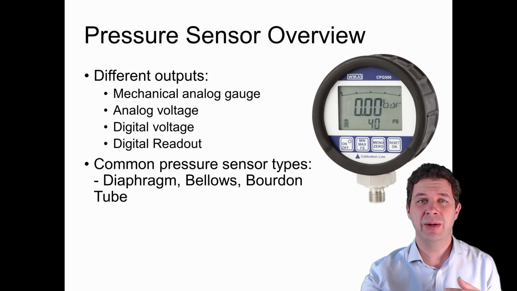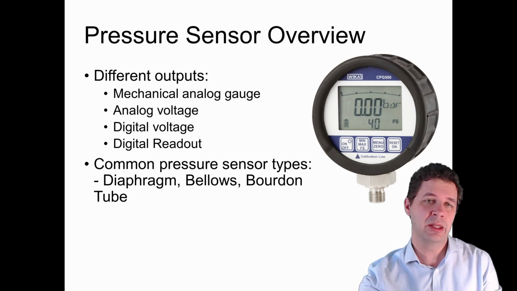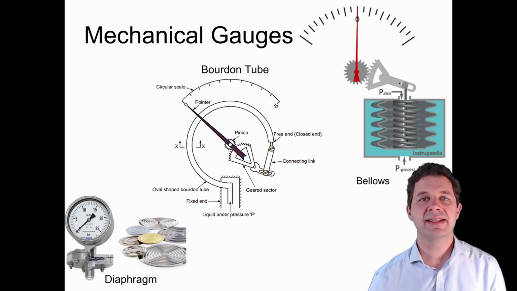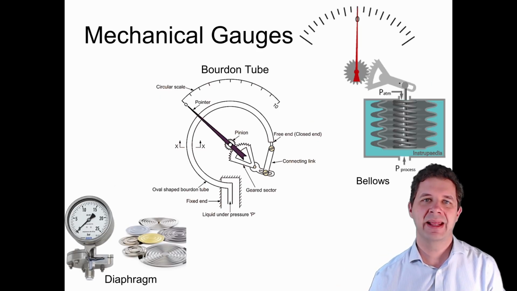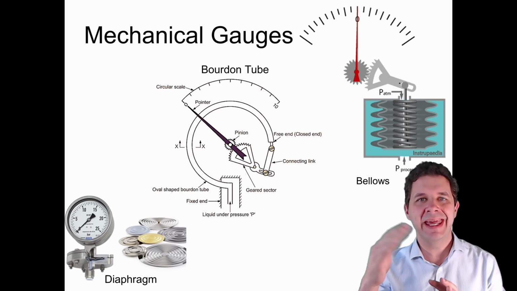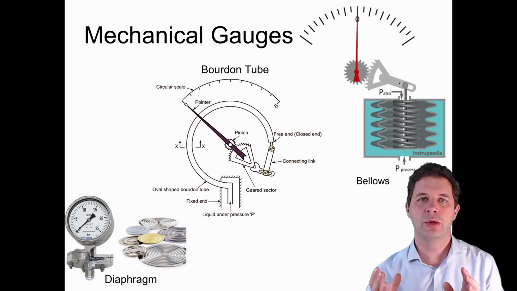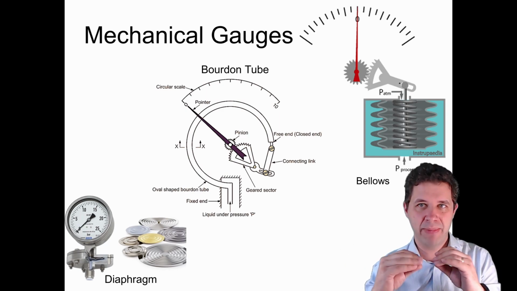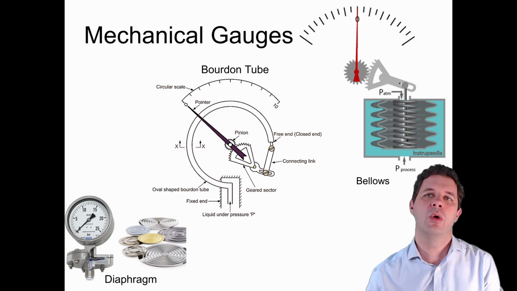Particularly useful if we want to be recording pressure and logging it over time, for example. Now, here's some internal pictures of some of our mechanical gauges: our diaphragm, our Bourdon tube, and our bellows, and how the actual needle in these is connected to the movement of our bellows or our Bourdon tube or our diaphragm in these cases.